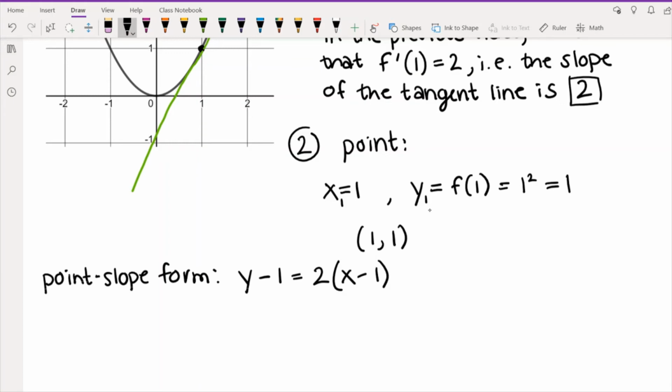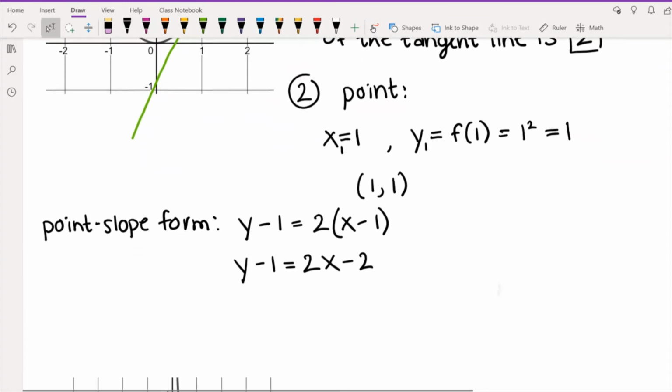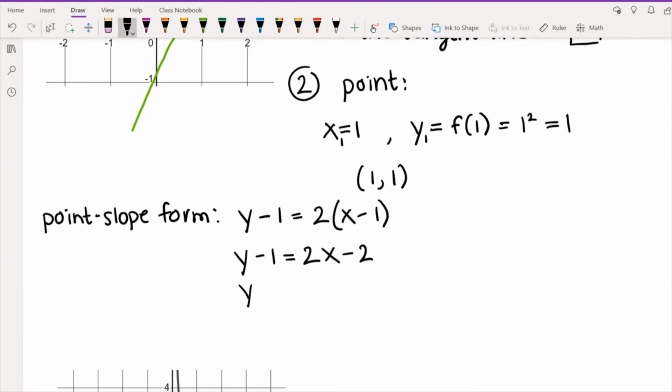Putting this into function notation, we get y minus 1 is equal to 2x minus 2. Adding 1 to both sides, y is equal to 2x minus 1. For our final answer, let's not call it f of x because that's already our other function. We'll see this later in the quarter, but I'm going to use L of x. You could also just leave it written as y equals.